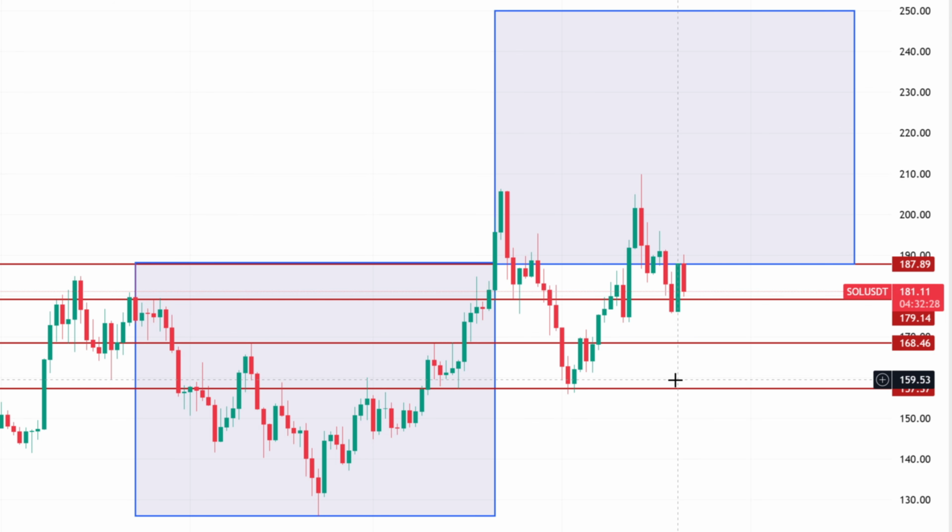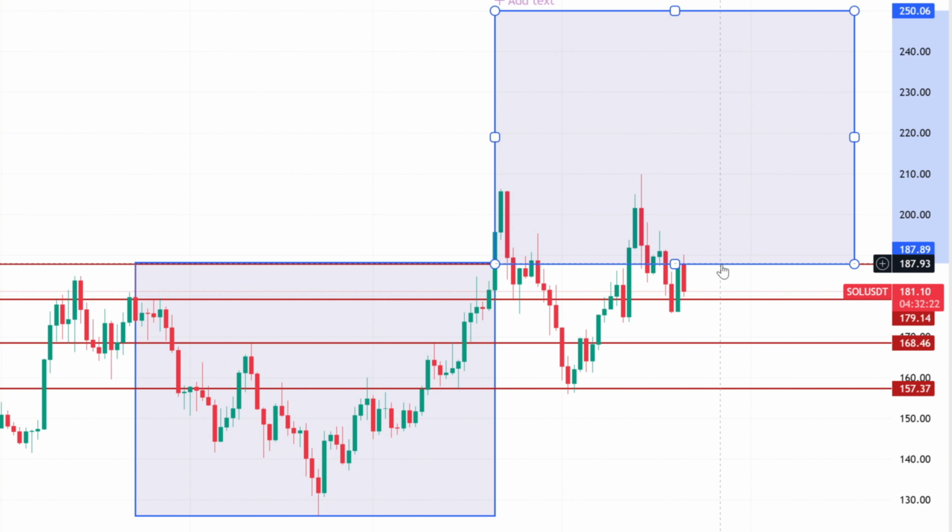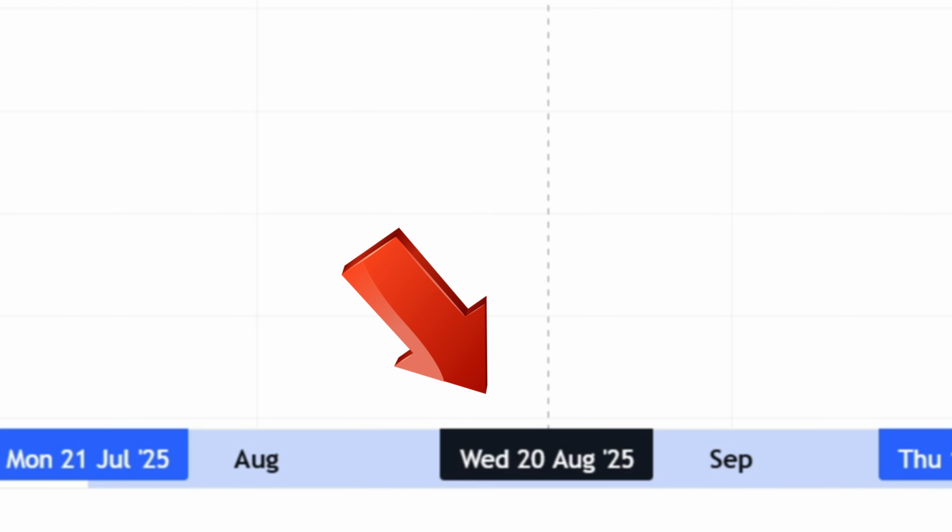But the more important one in this case is the time invalidation level. And this is normally right here at the middle of the rectangle. So you can see that is the 19th to 20th of August. That is the middle of the rectangle.